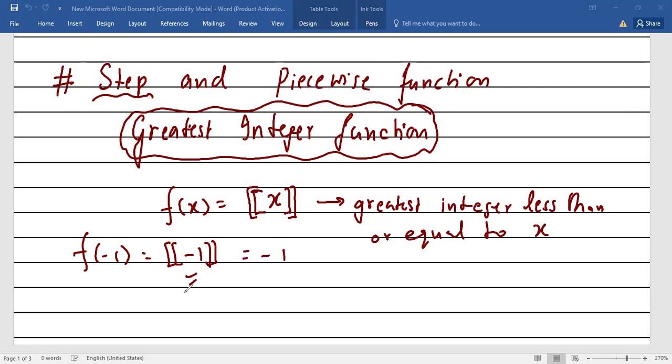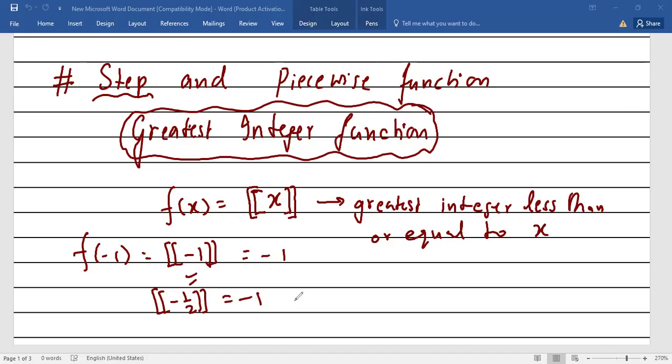But what is the greatest integer function of minus 1 half? Which integer is less than or equal to minus half? It will be minus 1, because minus 1 is less than minus one half.